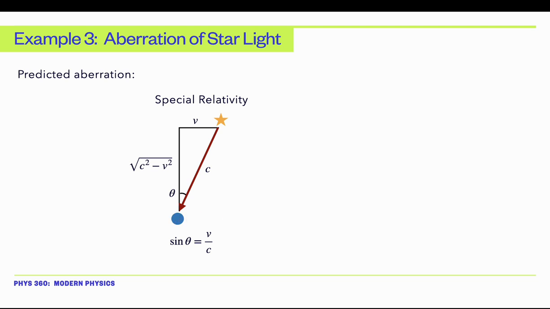So the velocity of starlight coming towards us is, of course, c. It's a constant. This is the velocity of us as we're moving through space. And then the perpendicular component of the velocity is the square root of c squared minus v squared. So in special relativity, the sine of this angle, you could think of it as v over c.